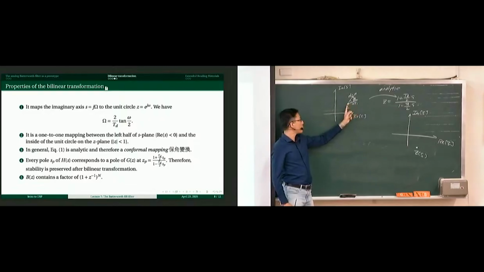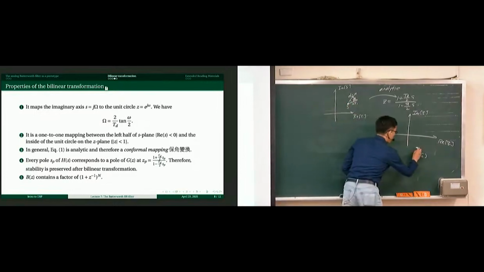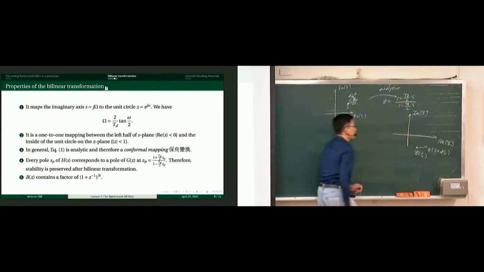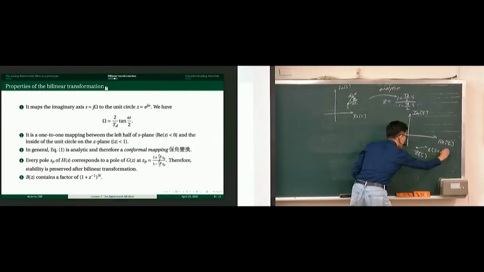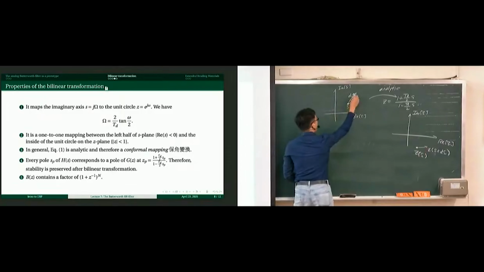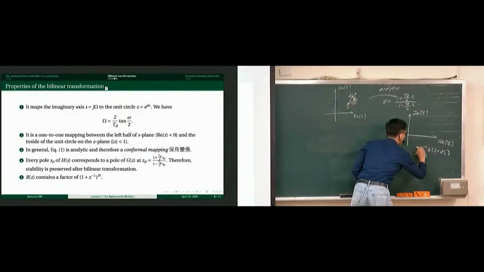By moving from S to S plus ds1, the corresponding move might be in any direction. So z of S plus ds1, z as a function. Now this point also moves infinitesimally, one very small step toward a certain direction. And then how about S2? Now z can also move toward a certain direction.